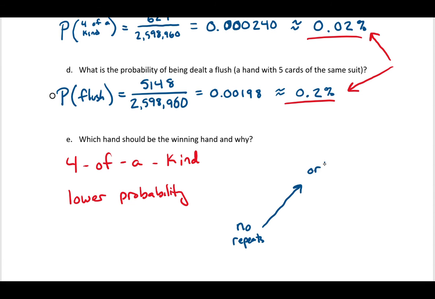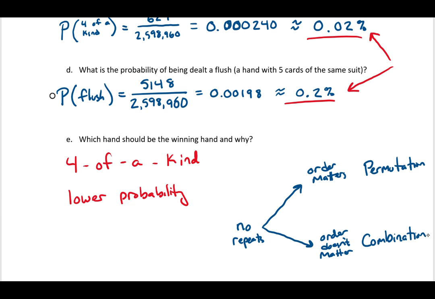If order matters, passwords, IDs, social security numbers, phone numbers, license plates, things like that, then we're looking at a permutation. If order doesn't matter, we're talking about groups or teams or collections. So order doesn't matter, then we're talking about a combination.